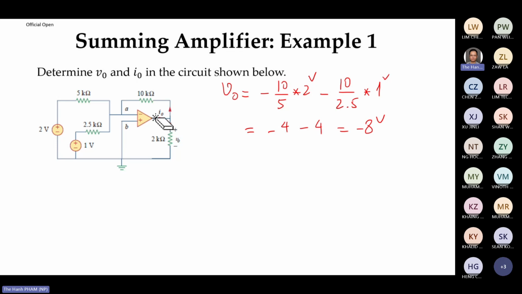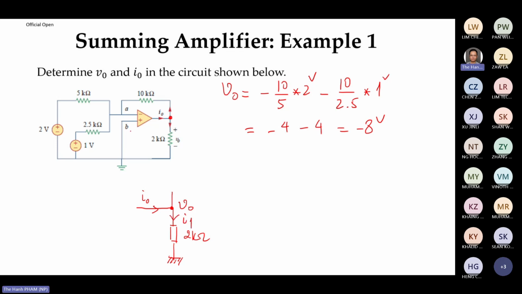This question is a bit difficult to do, but imagine you look at this point Vout. I just draw this portion to show you. So this one is I0, and Vout is coming here, this one is 2 kilo ohm, and I call this one I1.